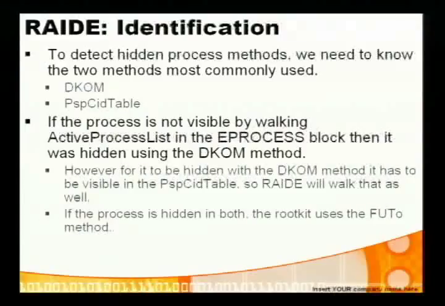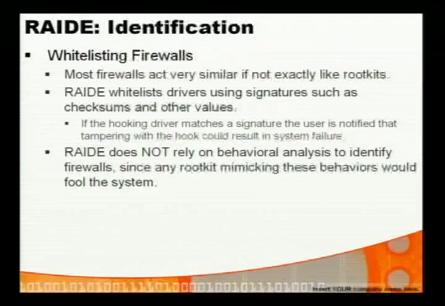Automatically we know that. However, we then check the PspCidTable. If the process is not in the PspCidTable, it's hidden with FU2, since FU2 combines FU and the PspCidTable method. If it is in the PspCidTable, we know it's using the FU method, and we can then mark it and report to the user what type of method it's using, and you'll see that in the demo, hopefully.